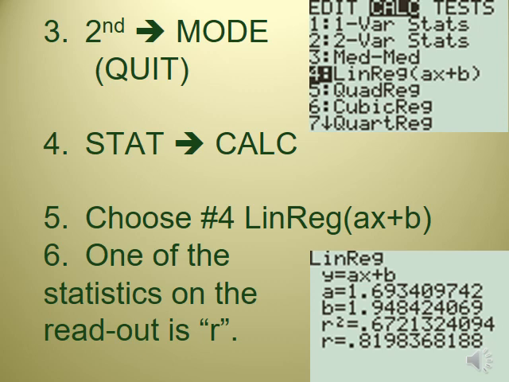That's the value of R that goes with this problem. And so when it says calculate a value of R, it's like 0.82 would be what I'd probably write down. And we're saying that there's a pretty strong positive correlation between how many kids a family has and how many times they go to the doctor.